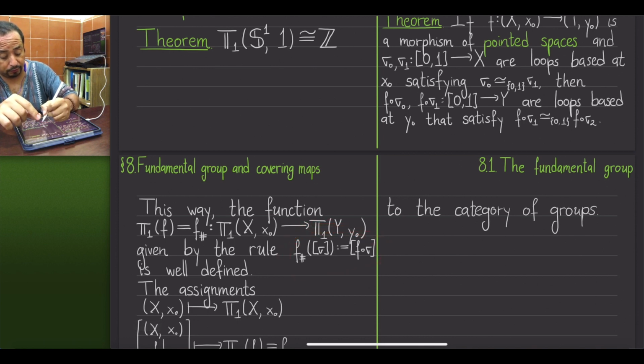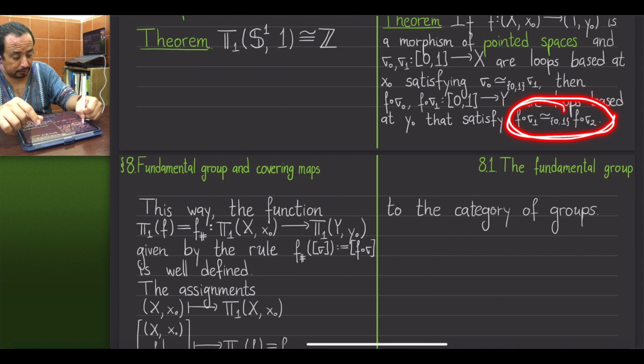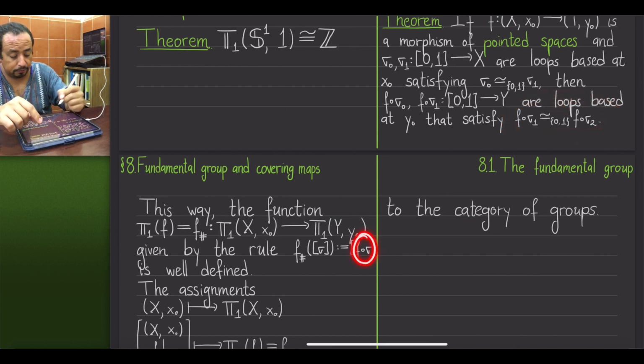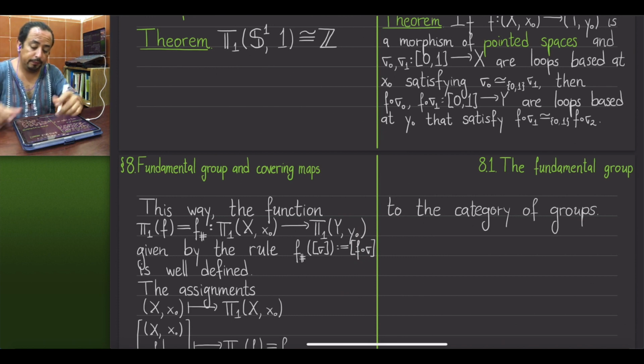If to the homotopy class of sigma relative to endpoints you want to associate this class, such a thing is well defined, because if instead of sigma you take a sigma 1, this result is still homotopic to f composed with sigma relative to endpoints.